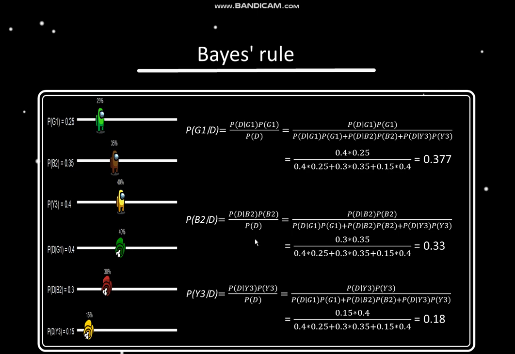For the problem, we should find the probability of G1 given D. We can use Bayes' rule.